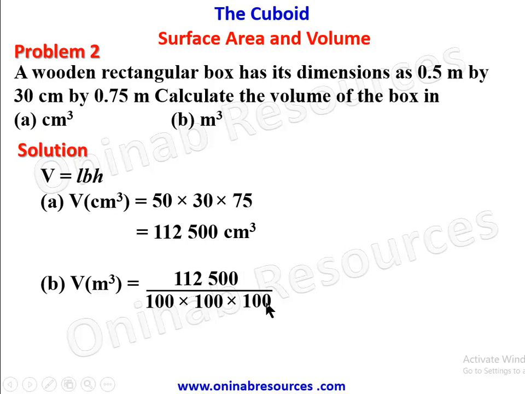The 2 zeros here, we remove the 2 zeros, we'll be left with 4 zeros, 1, 2, 3, 4. So expressing 1125 as 4 decimal places, we have it as 0.1125 meters cube, and that gives the volume of the box represented in problem 2 in cubic meters. So we have done justice to this problem.